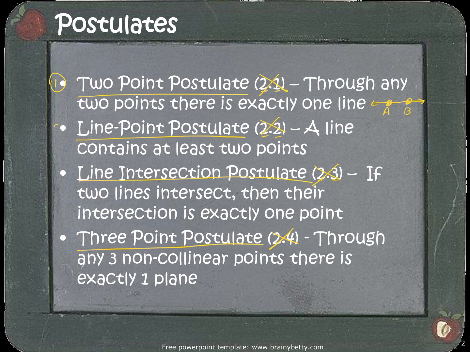The second postulate is called the line point postulate, and it says that a line contains at least 2 points. So I know that if I have a line, I have at least 2 points on that line. I know I'm going to have an infinite set, really, but I have to have at least 2 points to create a line.